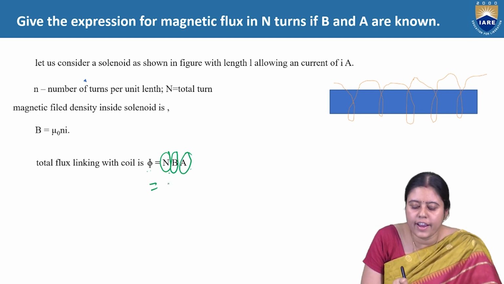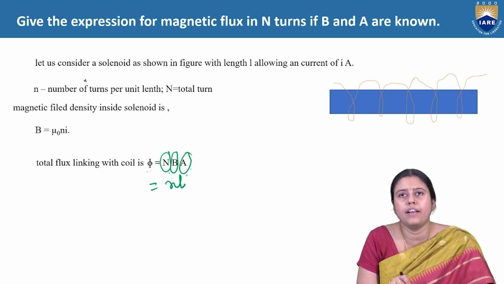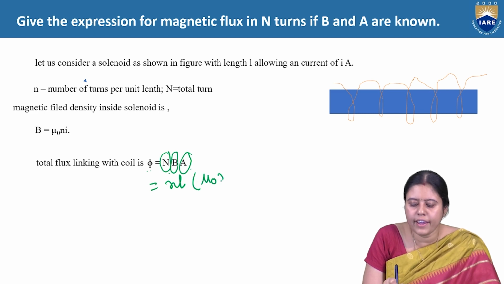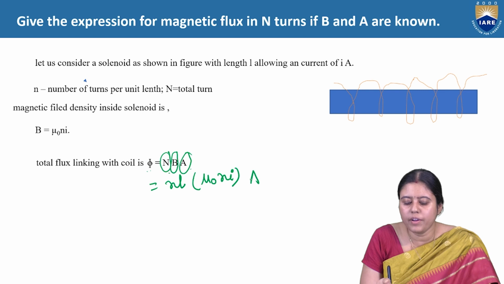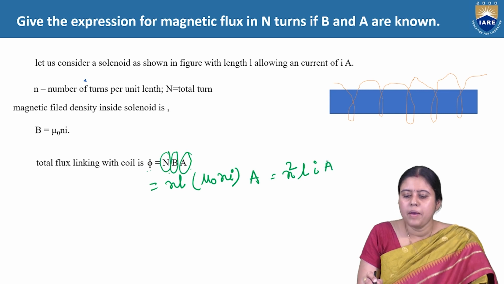We can also write N is equal to n into L, the number of turns per meter times the length. B is equal to mu naught n into I. So it comes to mu naught n square L I A.